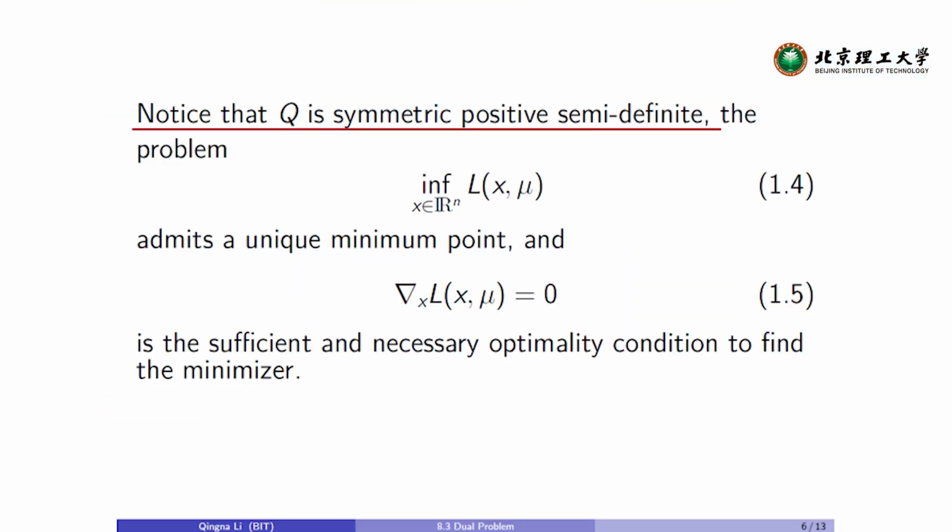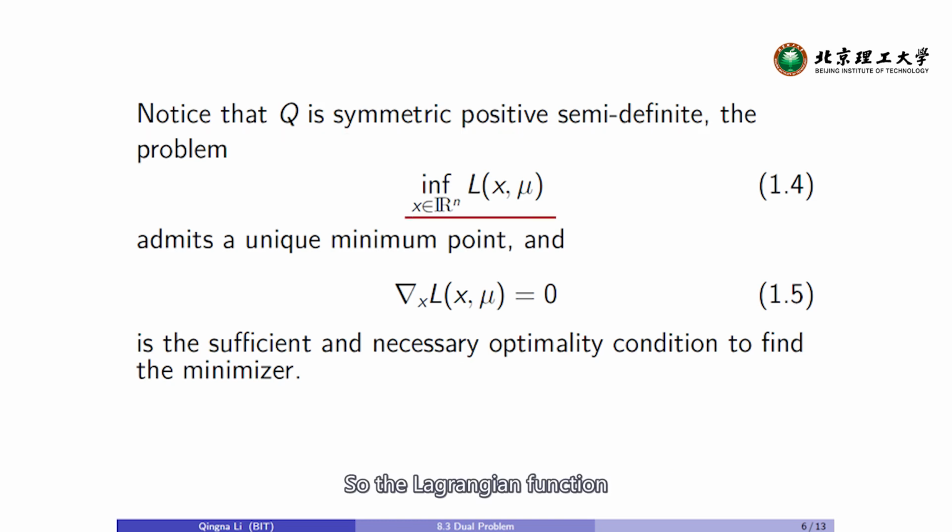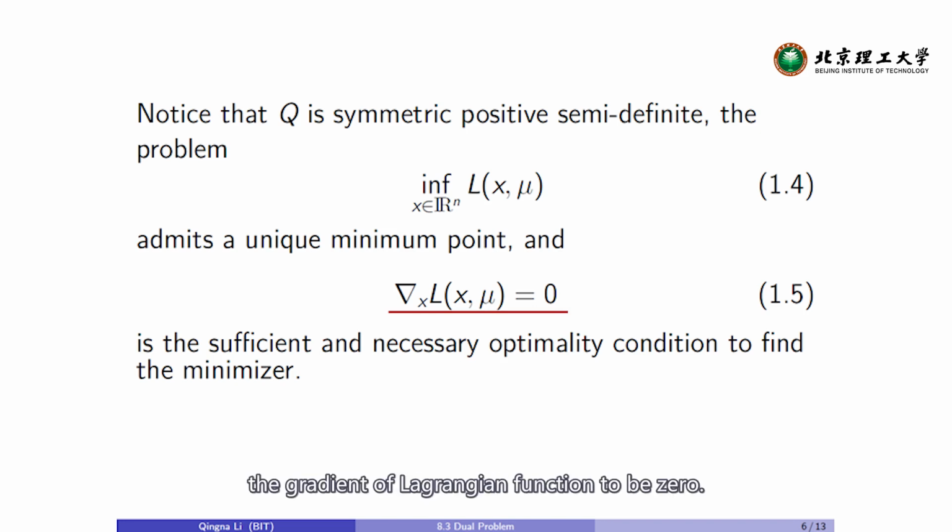Notice that Q here, we assume, is positive definite. So the Lagrange function with respect to x is a strictly convex quadratic function. The optimal value is achieved at the stationary point, which means the gradient of the Lagrange function is 0.